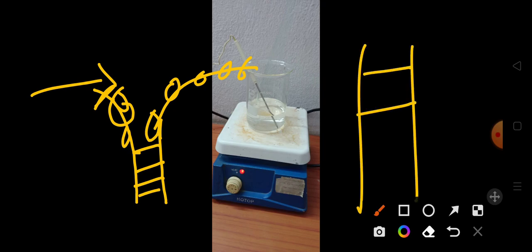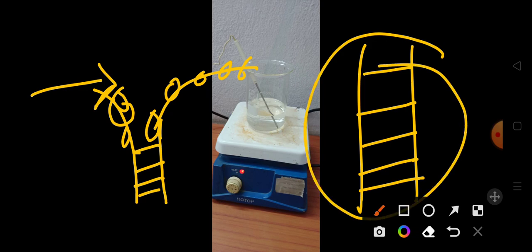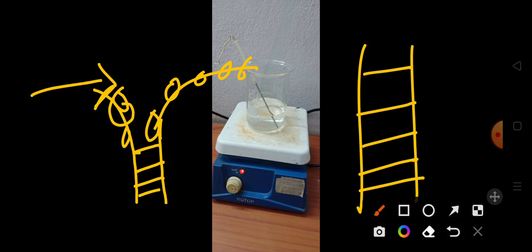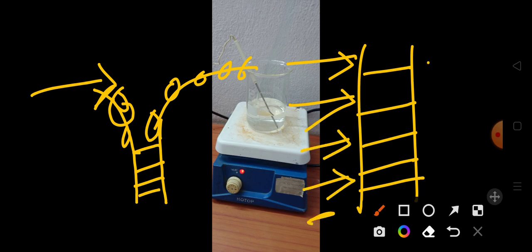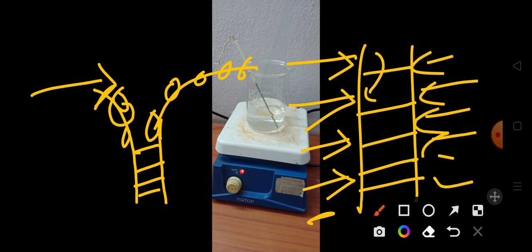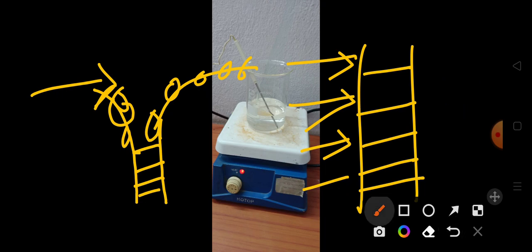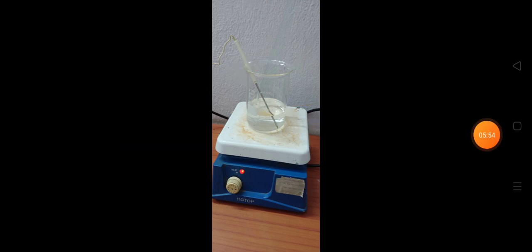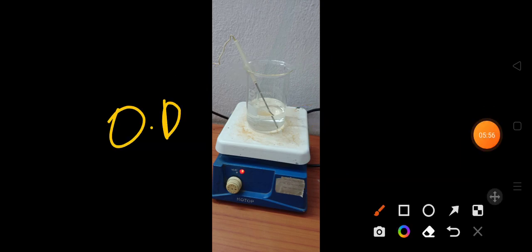Try to understand, initially we have DNA in such a conformation, right? So here light can only be absorbed by this portion, this portion, this portion, this portion, then here, here, here. But there is no absorbance here. But as the DNA is denaturing, the light can also be absorbed by this part of the DNA, right? That is why with time the OD will increase.